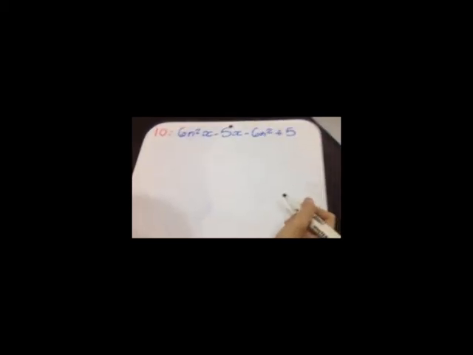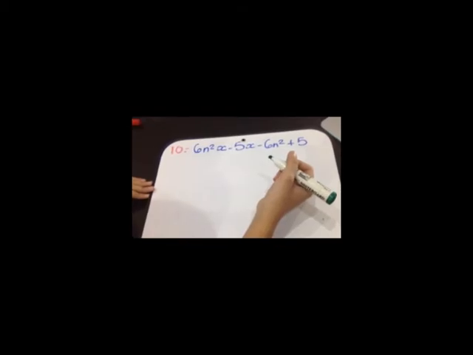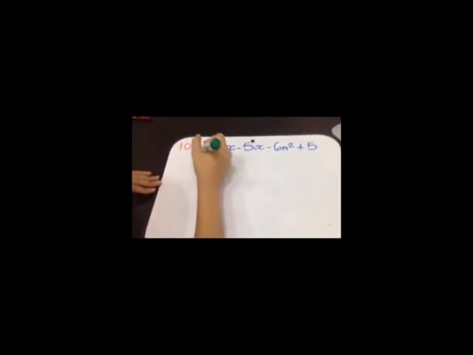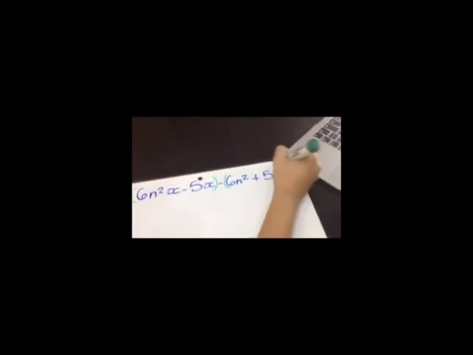Now this is another equation. This one is also a bonus, number 10. First, for solving this equation, we will take out the common factor of all the terms, in this case of this one, and then of this one.